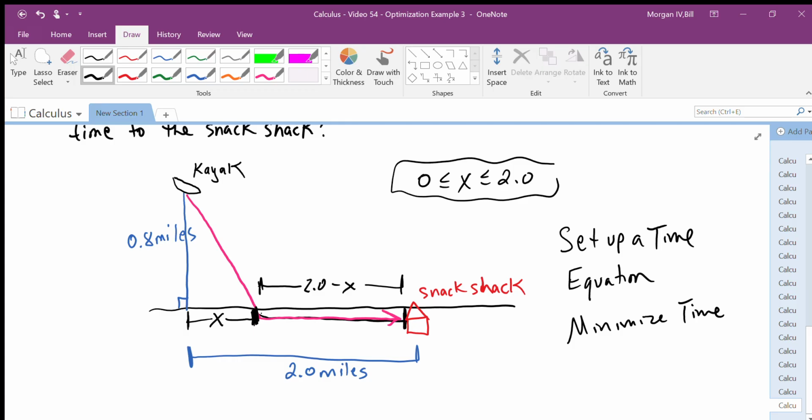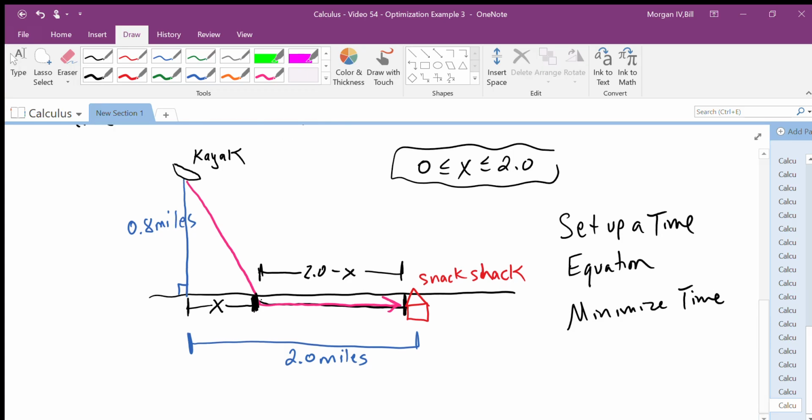We're going to use distance, yes, but we're minimizing time, so we want to set up a time equation. A minute ago, I was talking about the cost of laying pipe to get from oil rig to oil refinery. In that example, you're setting up a cost equation, not a distance equation. So similar idea here.